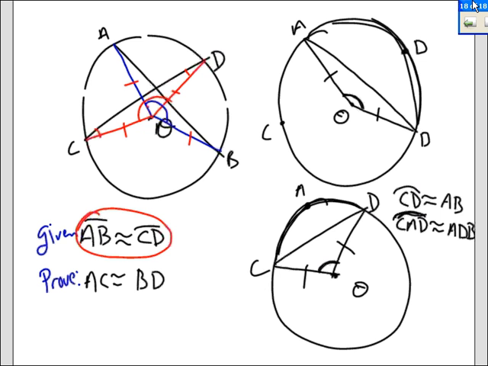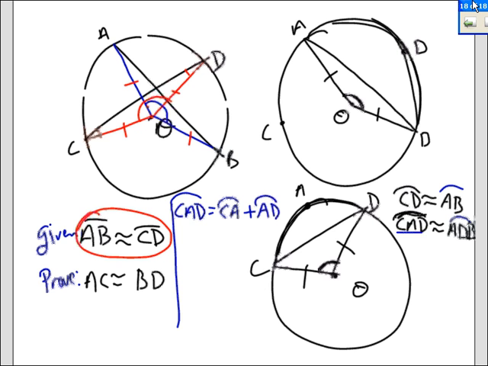If I may come in the center here, arc CAD is equal to arc CA plus arc AD.